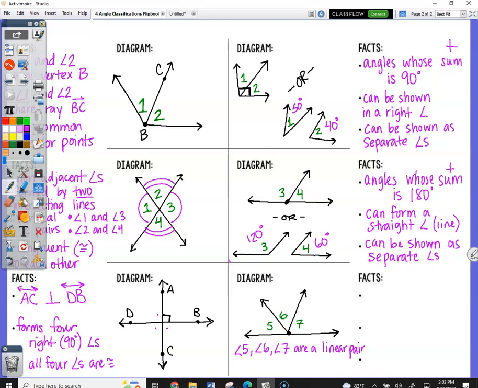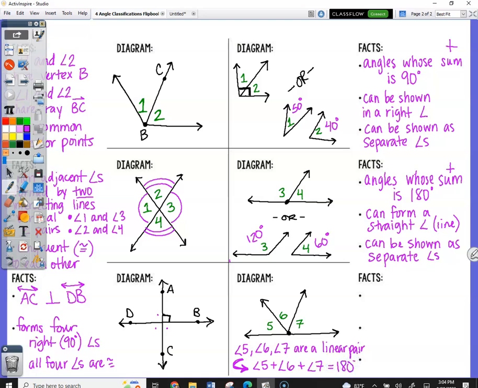Write it underneath. Don't write it as the math fact. Then I want you to draw an arrow from that statement right here. This is a really important arrow. I need you to level up and be able to go from reading that they're a linear pair to saying in your mind, oh, so if I add them up, I would get 180.